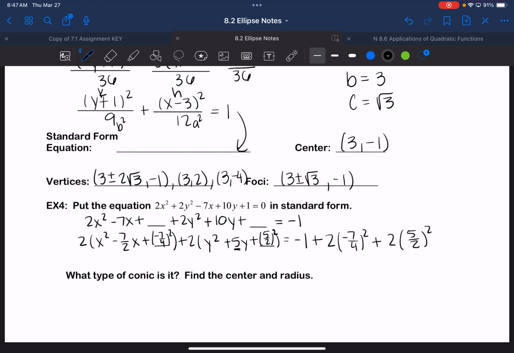So remember, whatever we're putting here usually is the tell for what's going to go in our parenthesis, right? So here we have a coefficient of 2, and this should factor into x minus 7 over 4 squared, right?